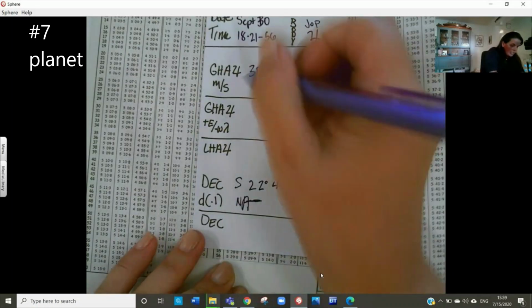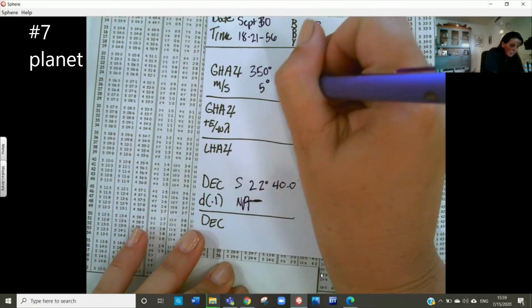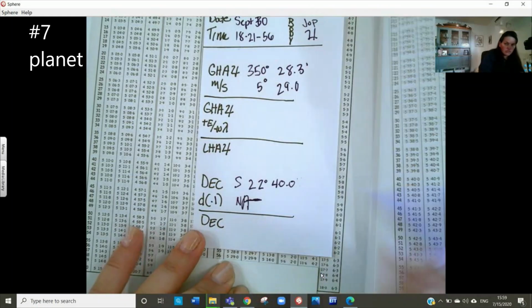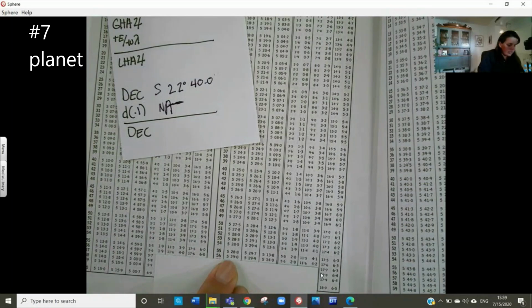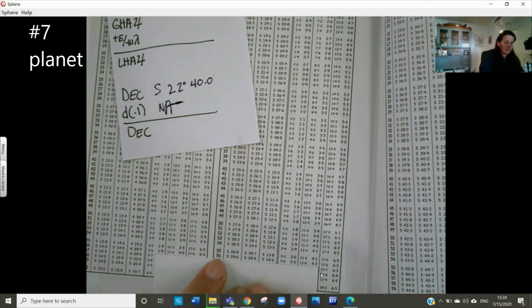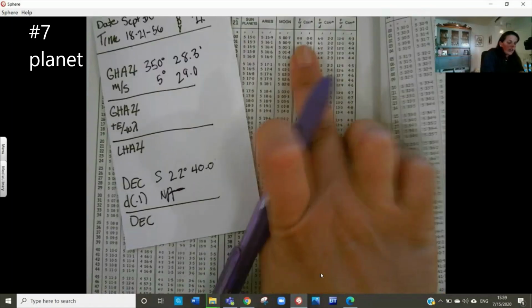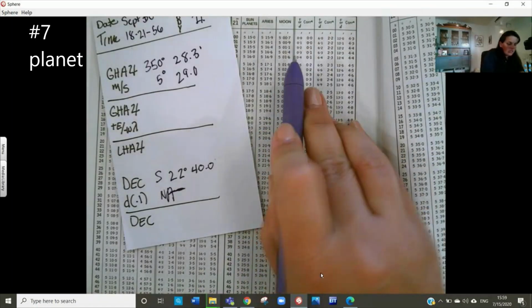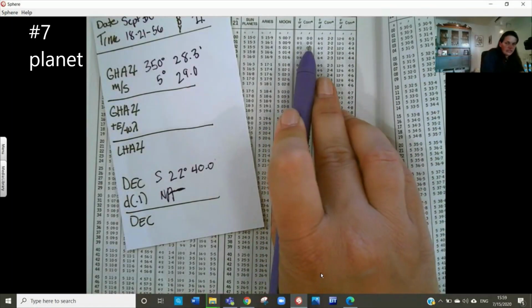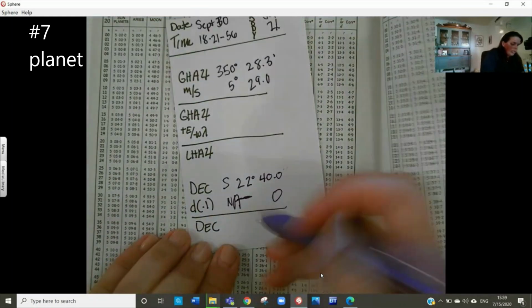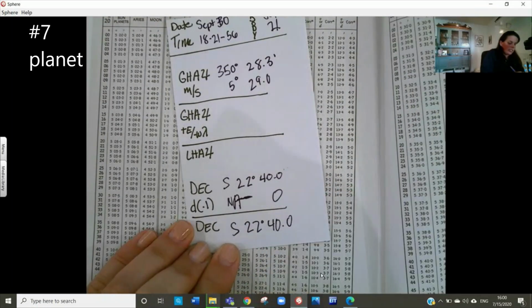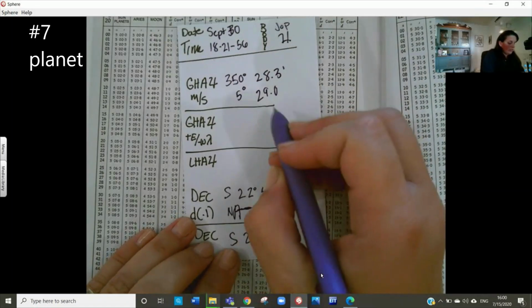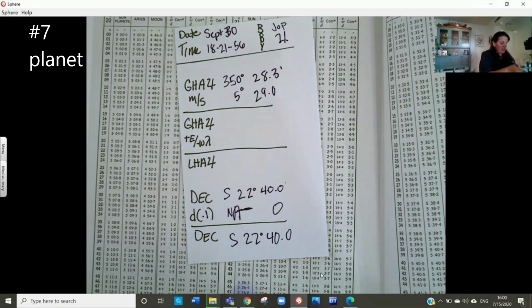So our minutes and seconds will be 5 degrees, 29.0. That's here, 5 degrees, 29.0 for our 56 seconds. And then our 0.1 gives us a 0 correction. So for that guy, we have south, 22:40 for our declination. Now for our GHA, we need to calculate.